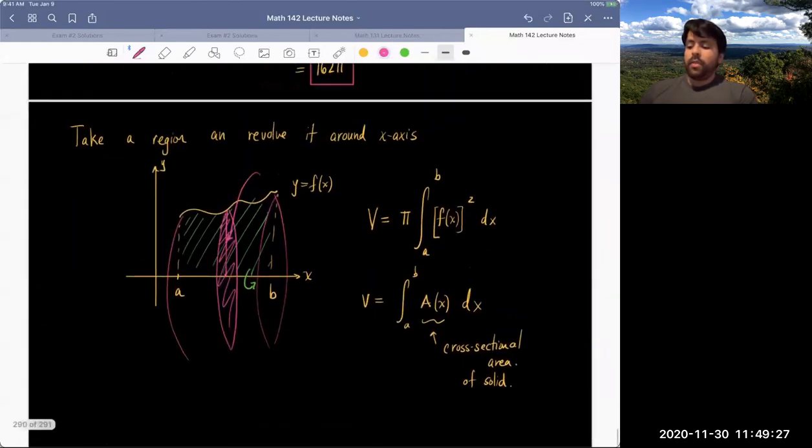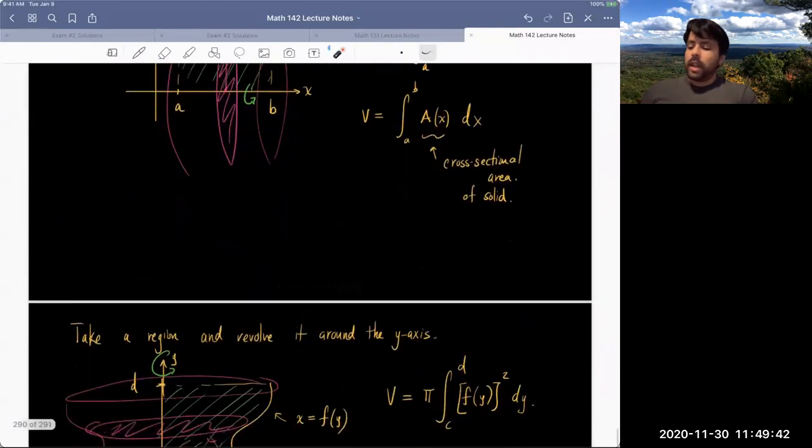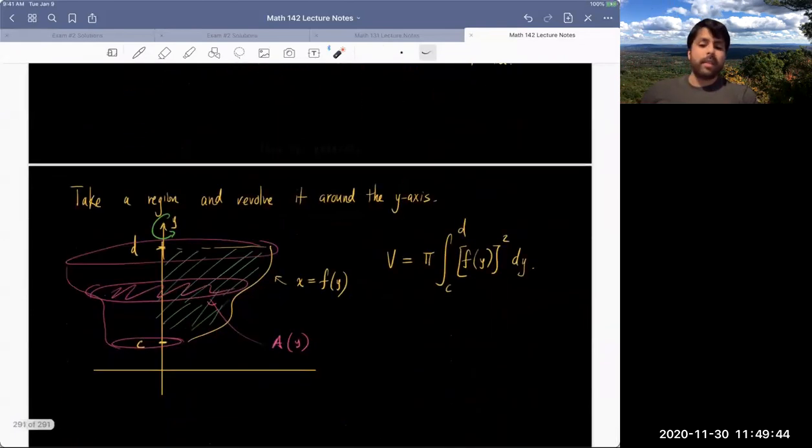So when we have the region that's revolved around the x-axis, we take the function, square it, integrate it from a to b, and have that pi in front, which is representing the circular cross-section that we get when we slice it vertically. And if we were to revolve it around the y-axis instead, then the region that we would get cross-sectionally will also be circles, but in this case, the radius will be determined by the function in terms of y.